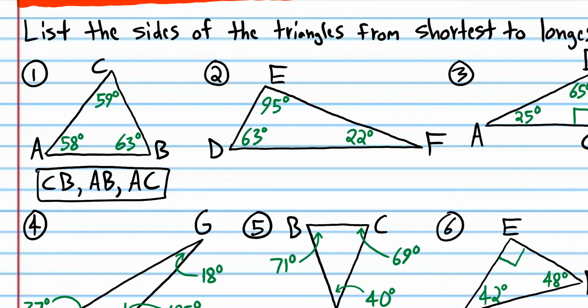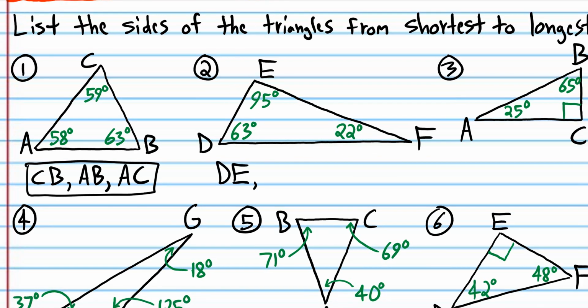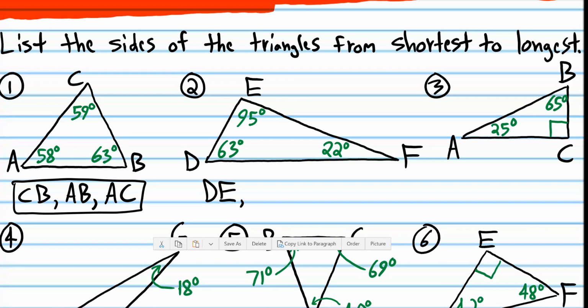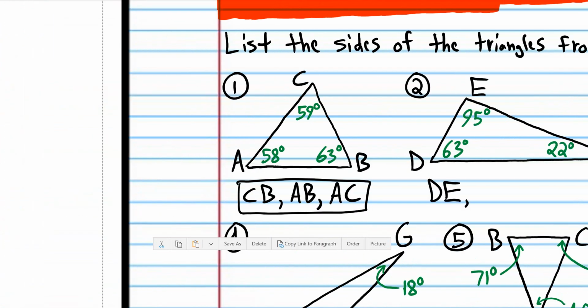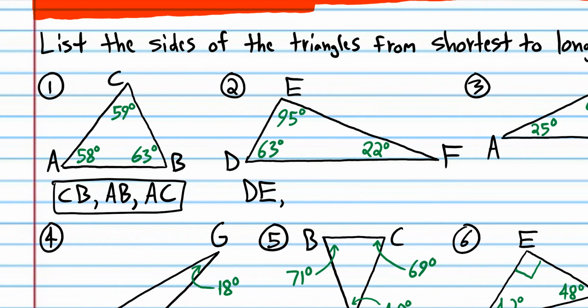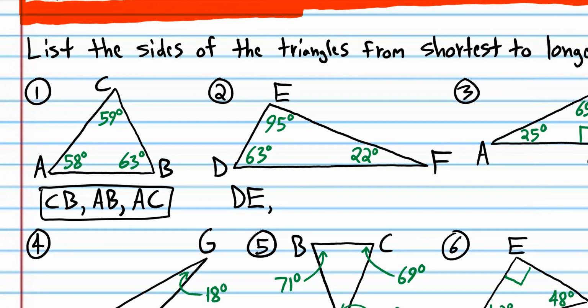Let's try number 2. The smallest angle is 22, so the side opposite 22 would be DE. So that's the smallest side. 63 is the next biggest angle, so the side opposite 63 would be the next biggest side.